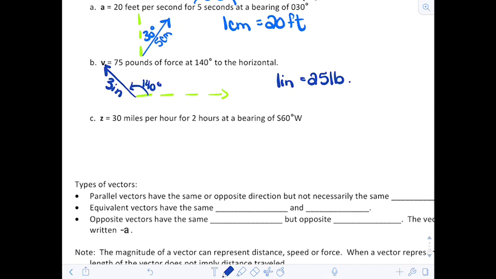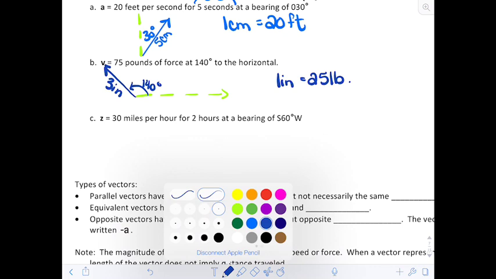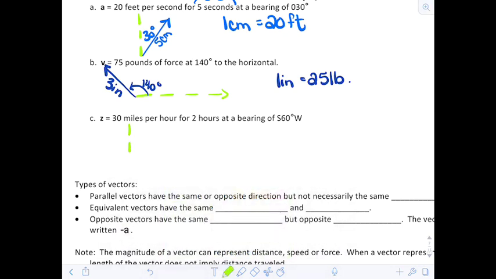Okay, letter C. 30 miles per hour for 2 hours at a bearing of south 60 degrees west, and this is vector Z. So I'm going to draw my north-south line, and because this is quadrant bearing, I'll draw my east-west line, and so I have a bearing of south 60 degrees west.